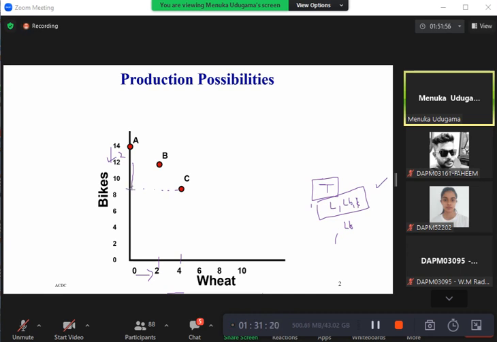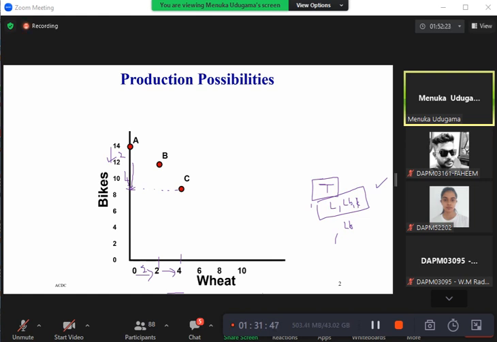Earlier, when you increased the production by 2 units, you only had to give up 2 units of bikes. Now, when you increase the wheat production by 2 more units, you have to forego 4 units of bikes.